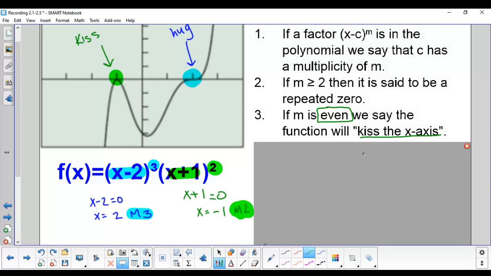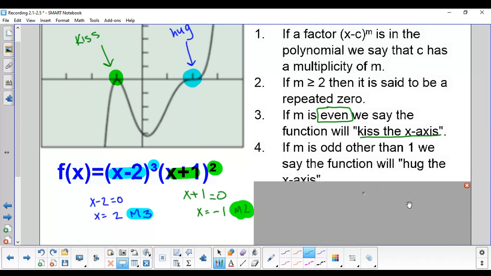Note it will not cross the x-axis, it just touches it and then runs back away. If the multiplicity is odd, other than 1, remember 1 will go straight through, but if it's odd, we say that it's going to hug the x-axis. So it goes in, it pauses, and then it moves on.